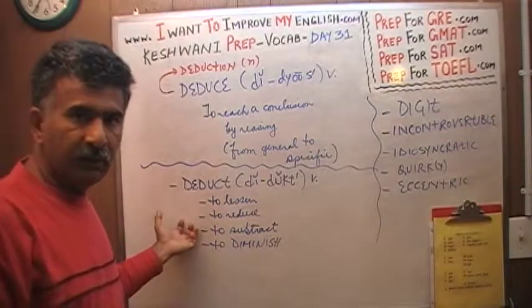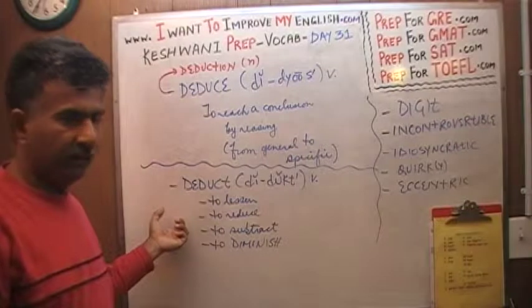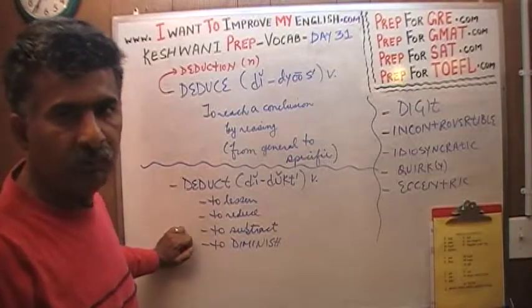That's why the English language has a reputation of being a very idiosyncratic, very eccentric language, because sometimes it seems like there is no rhyme or rhythm to it.